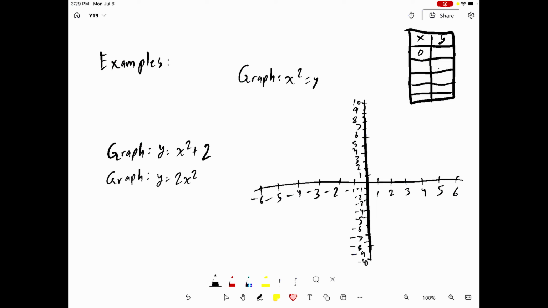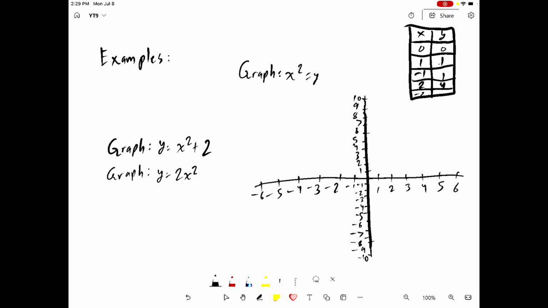If x is equal to 0, 0 squared is 0. If x is equal to 1, y is 1. And if x is equal to -1, y is also 1, because -1 squared is also equal to 1. If x is 2, y is 4. And of course, if x is negative 2, y is also equal to 4. Let me just write that here.